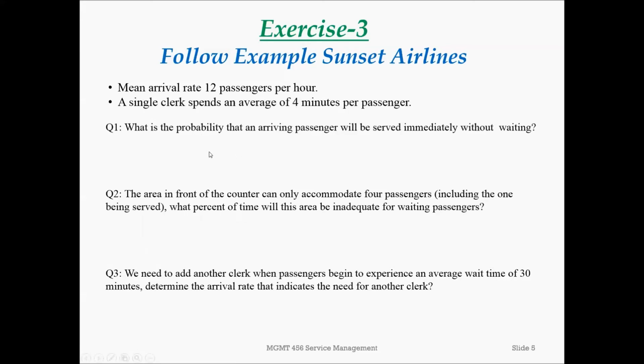So let's answer the question. First question: what is the probability that an arriving passenger will be served immediately without waiting? Before we answer, for any M/M/1 waiting line model, we first have to identify lambda, identify mu, and calculate rho. Lambda is easy, it's 12 customers per hour.